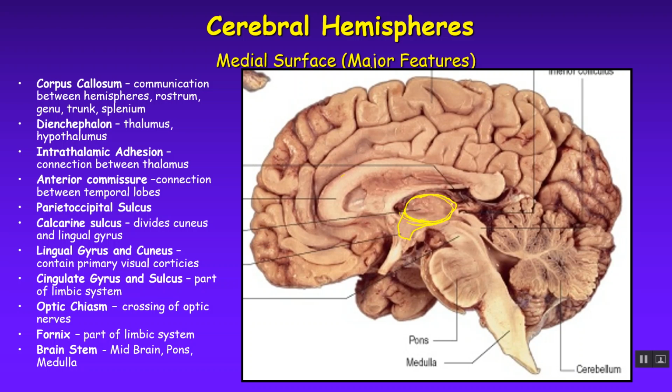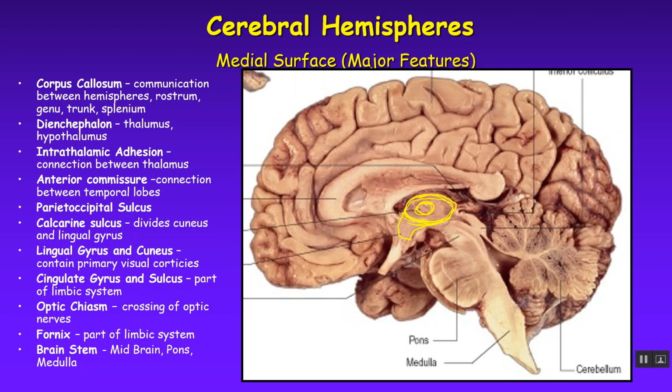So this round, egg-like structure is the thalamus. In some brains, you'll notice a little protrusion right here in the middle of that thalamus. That little protrusion or bump is the intrathalamic adhesion. There's a little connecting stalk in most brains. Not all brains have an intrathalamic adhesion. There's a small percentage that don't, and the person doesn't have deficits because of that.